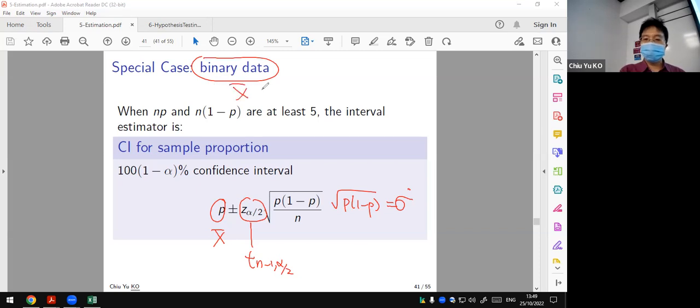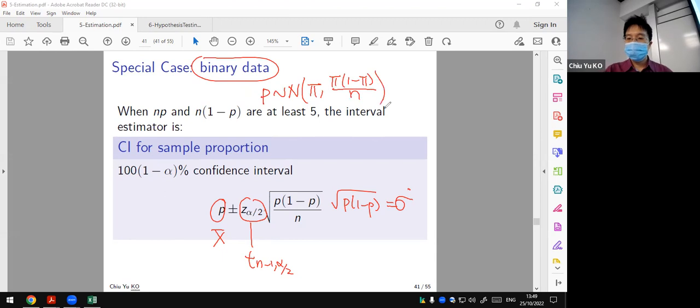If you remember the formula, p is approximately normal with mean pi and variance pi(1 minus pi) over n. We basically replace pi by p. We could put our sample value in, which would be a biased one, but that's okay. This is consistent, so that's why we use this formula, and we still keep the n.